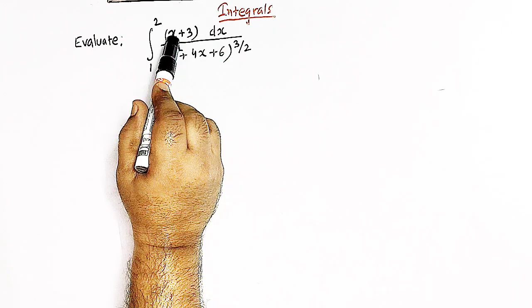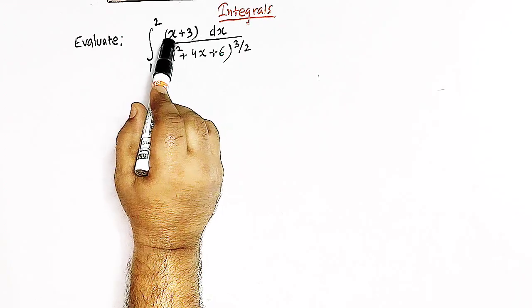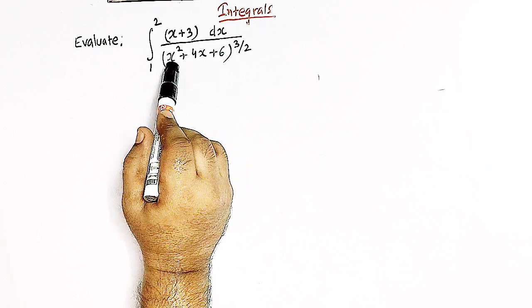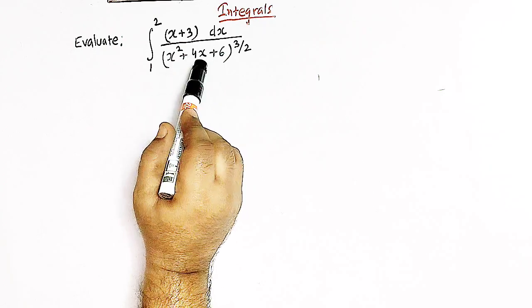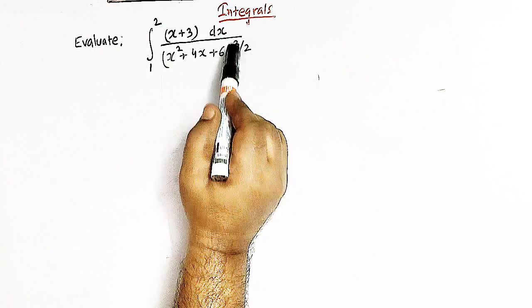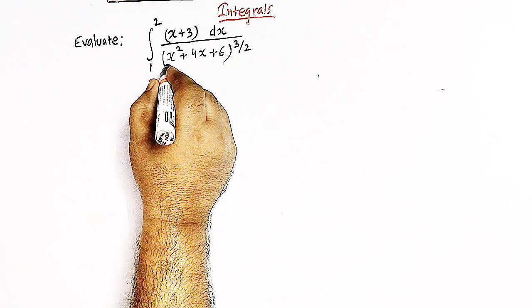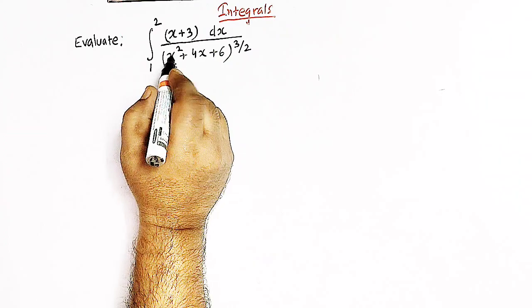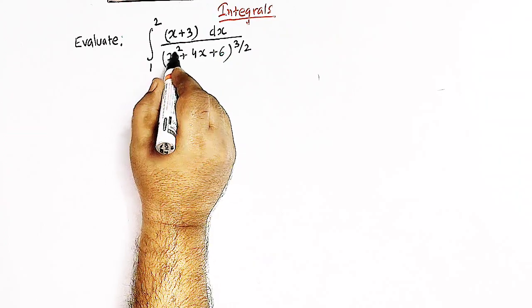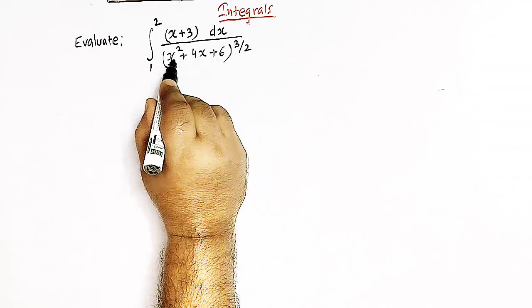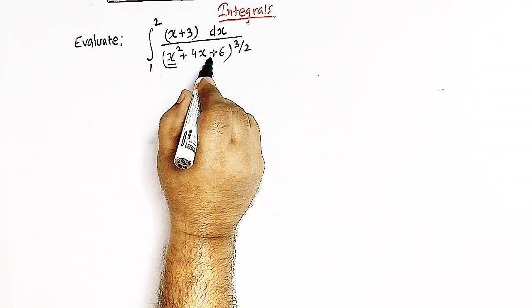So here we have in the numerator a linear function and in the denominator we have a quadratic polynomial raised to some fractional power, right? So in these type of integrals what we do, we take the square term, that is x square, common from this quadratic function, right?